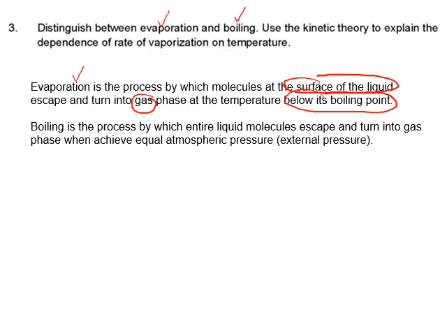However, the boiling process involves the entire liquid. The molecules try to escape and become gas only when the vapor pressure of the liquid is equal to the atmosphere pressure, or we also know that as external pressure.